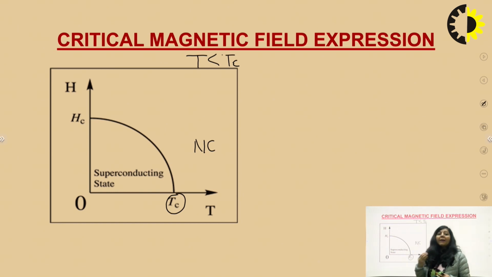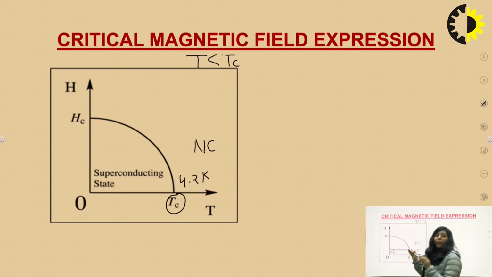That minimum amount of magnetic field which is required to destroy the superconducting behavior at a temperature T less than Tc is known as the critical magnetic field of that temperature. I hope this point is clear. For example, suppose you have mercury for which critical temperature is 4.2 Kelvin.